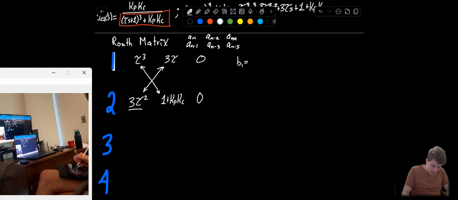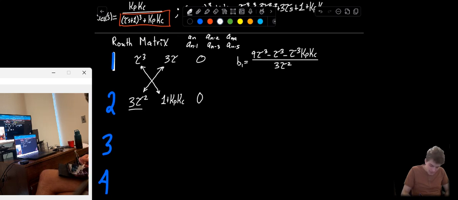So that will be 9 tau cubed minus tau cubed kp kc, all over 3 tau squared.